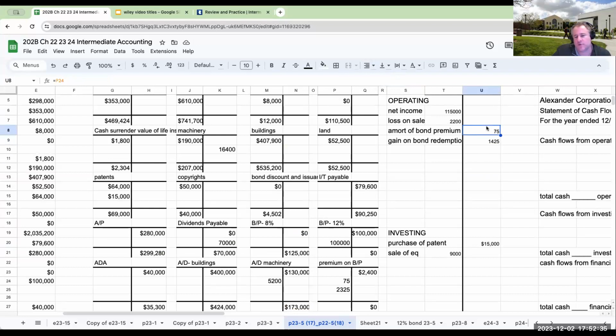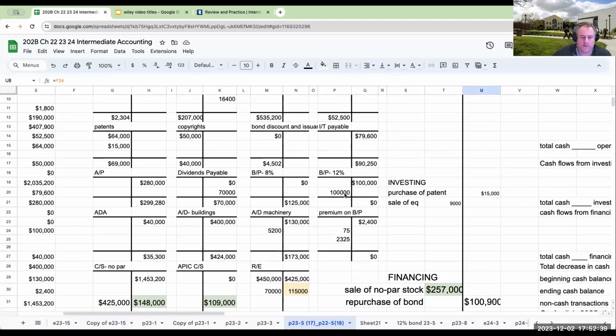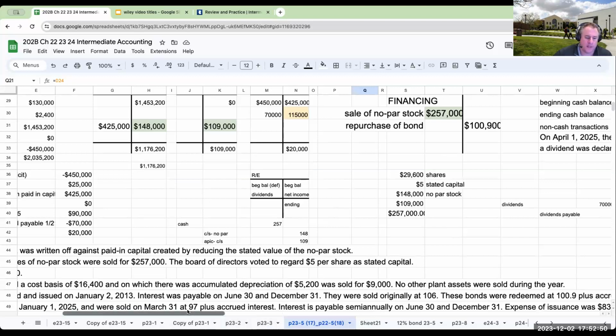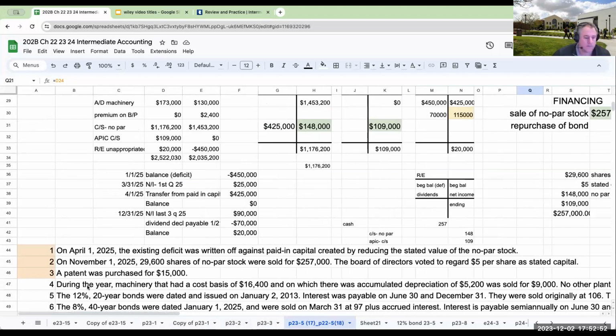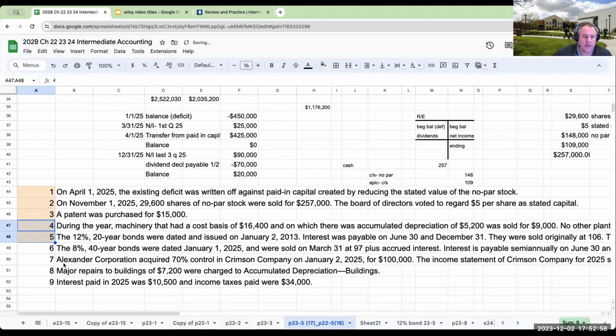We also have to deal with this amortization of the bond premium. Remember, our goal is to get these balances down to where they need to be. And that's how we're dealing with this. So we dealt with 4 and 5. Let's go to the next fun one, number 6.